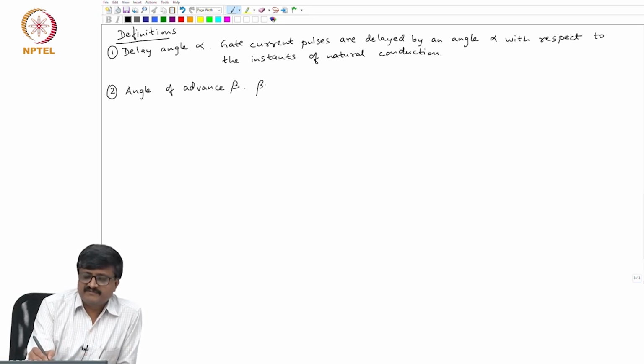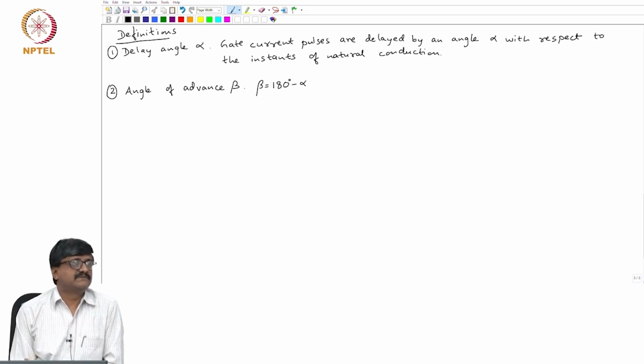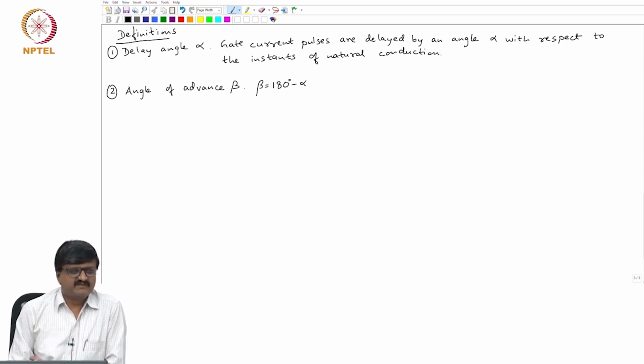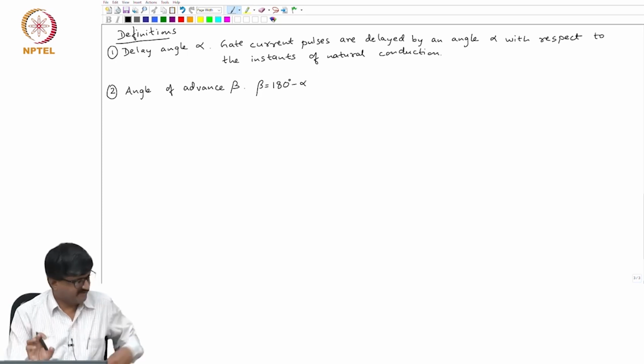The definition is very simple. It is defined as 180 degrees minus alpha. Right now, it may not be clear why we need these definitions. It becomes clear as we make further discussion. So, let us just take these definitions.